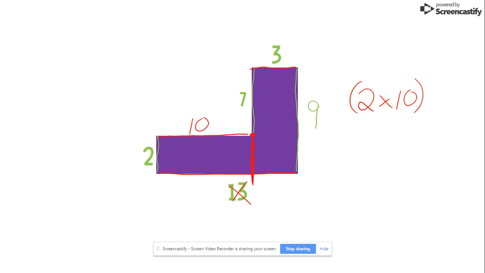And for my rectangle on the right-hand side, I see that I'm going to use a 3 at the top. And since this 9 is talking about the length of the entire rectangle, I would also use that number. So 3 times 9. And I would add those two rectangles together to find the entire area for my original shape.